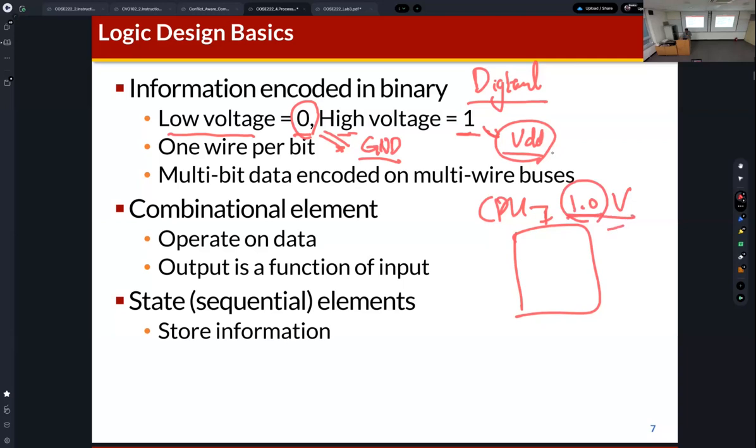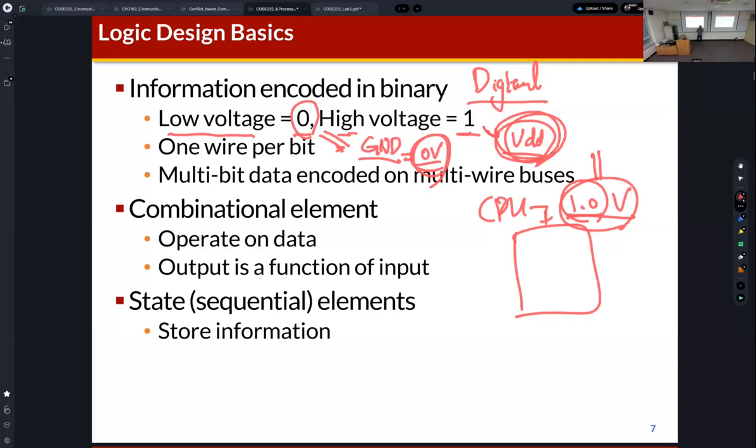This voltage is VDD, the supply voltage, and ground is 0 volt. So using the voltage level, we can represent the binary data 0 and 1.